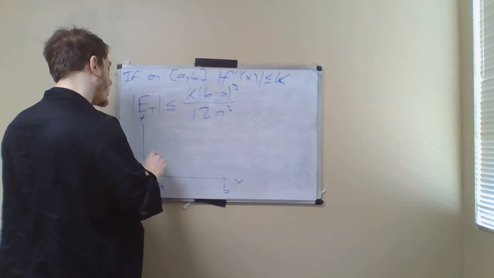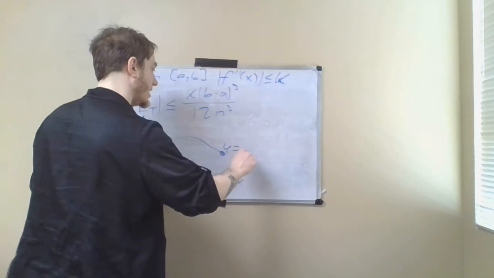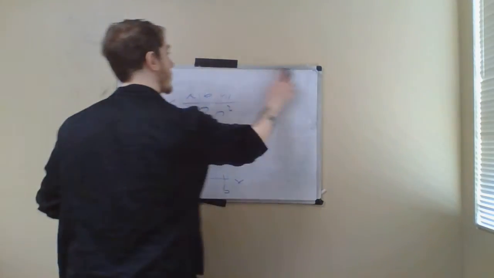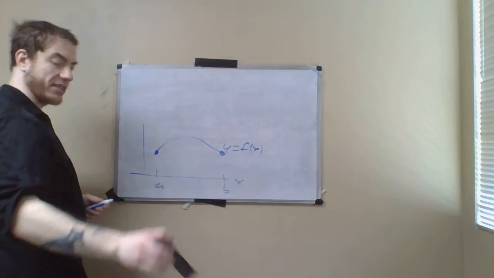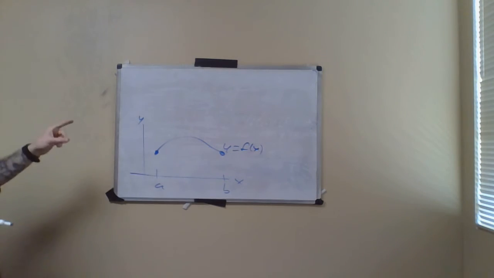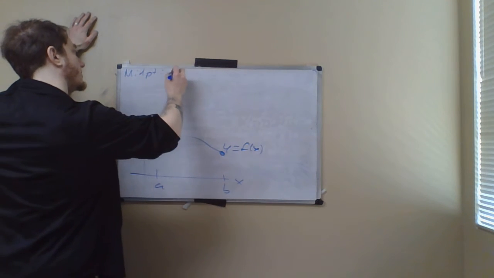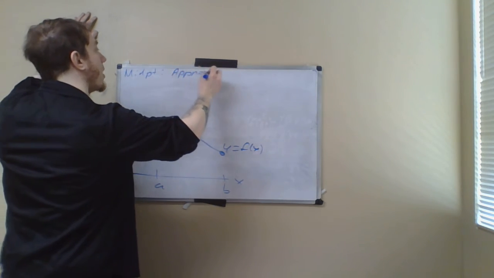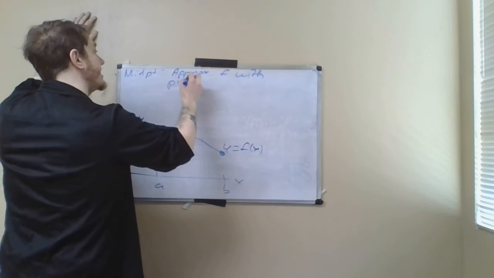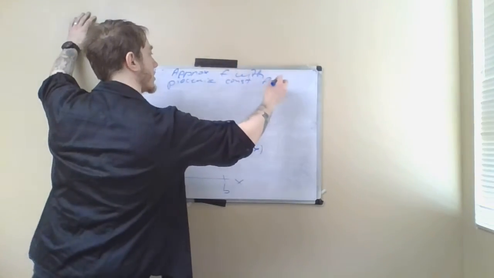The midpoint rule comes from taking my function, here's my y equals f of x. I can think of the midpoint rule as the following technique. I can think of the midpoint rule as coming from approximating f with piecewise constant functions.